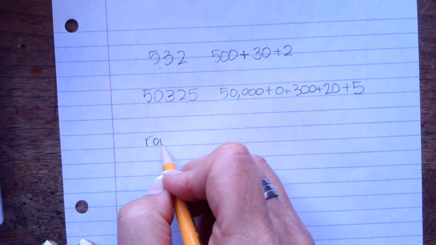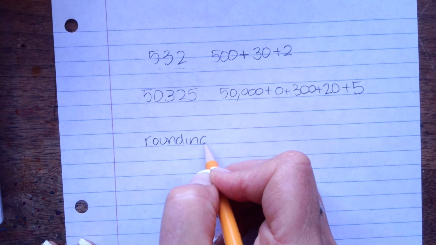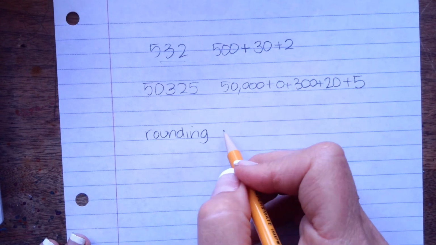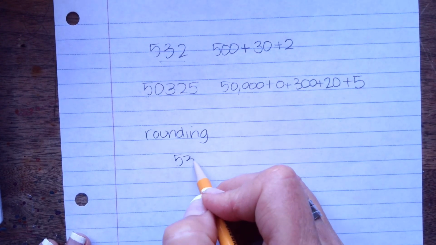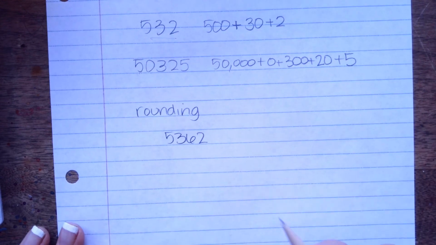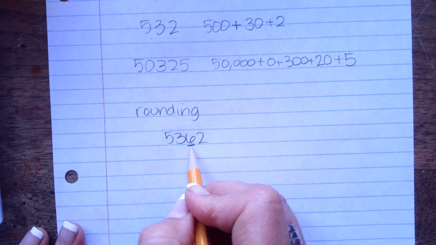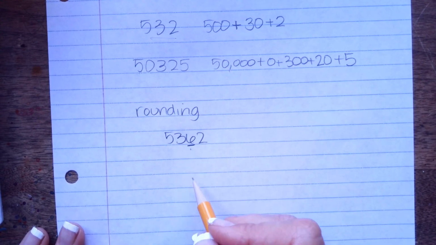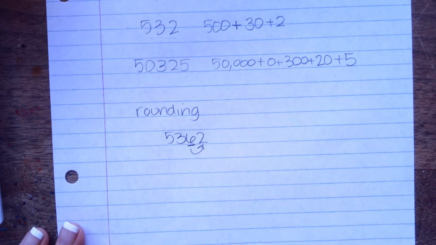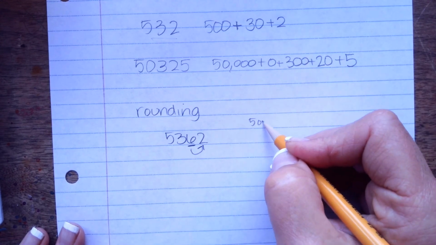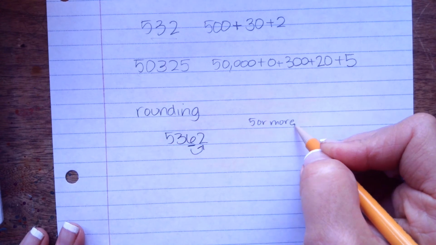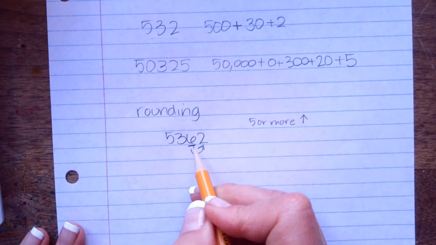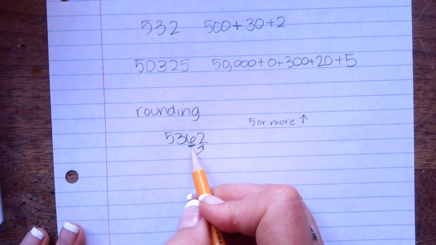Okay, for rounding, if they ask you to round to a number, say the underlined digit, or the tens in this case, you're going to go to the neighbor and you're going to say 5 or more, let it soar. So the number that's underlined would go up 1.